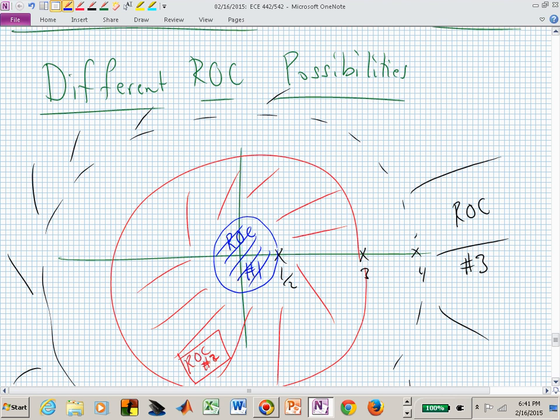The unit circle. If we sketch the unit circle relative to the blue circle, where's that unit circle? It's not in the blue, is it?